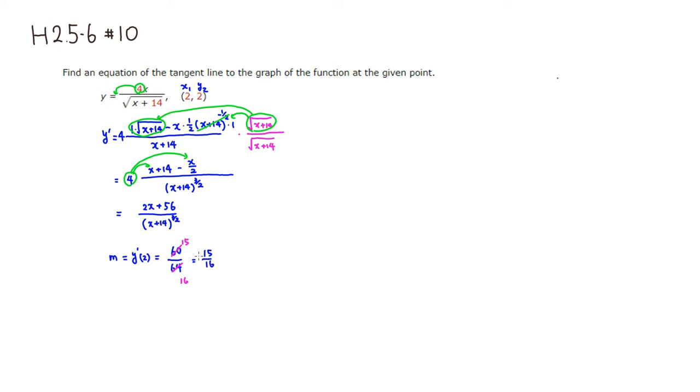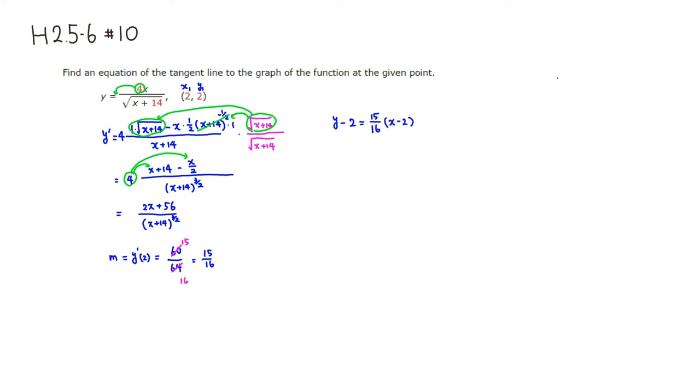All right, so the equation in point-slope form: y minus y1, where y1 is 2, is equal to the slope, 15 over 16, times x minus x1, where x1 is 2.